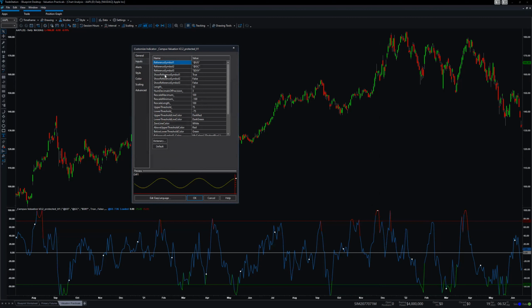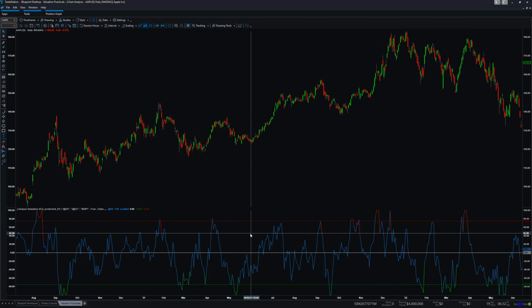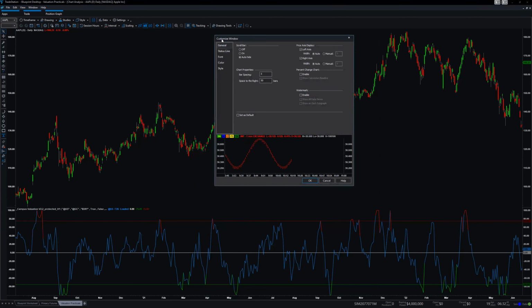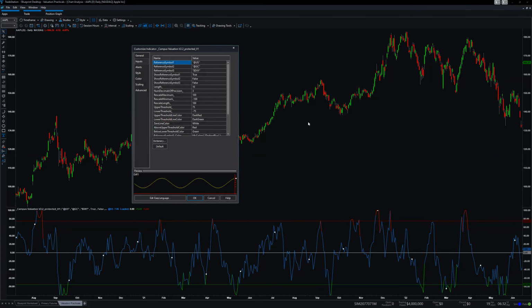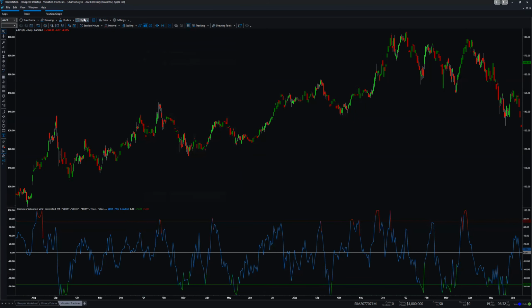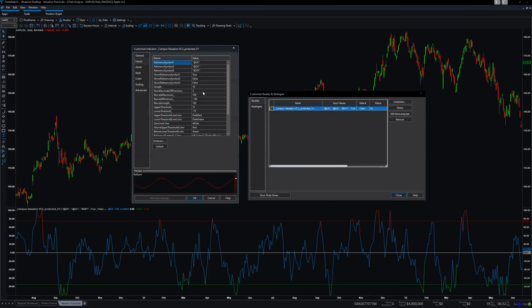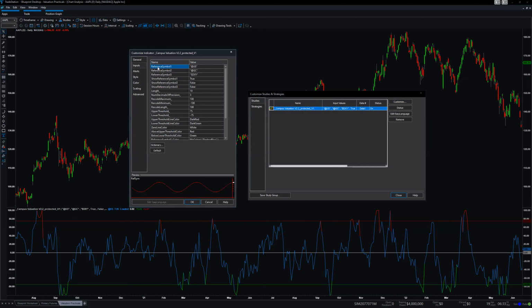The double click is really a shortcut, but if you ever don't really manage to grab it, sometimes this happens, you can always go up here, studies, and then also edit studies. Customize, now we're within the input settings. So we now have a couple of reference symbols. And at the moment, we just care about reference symbol 1, which is going to be based on @US. Those are the treasury bond markets.